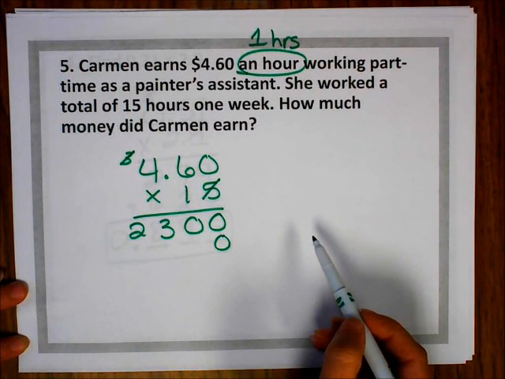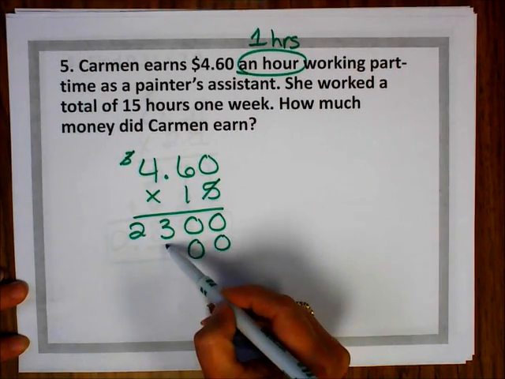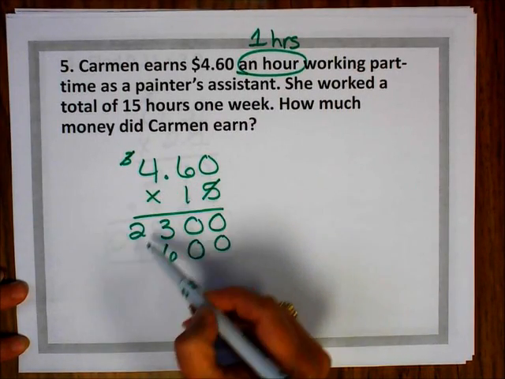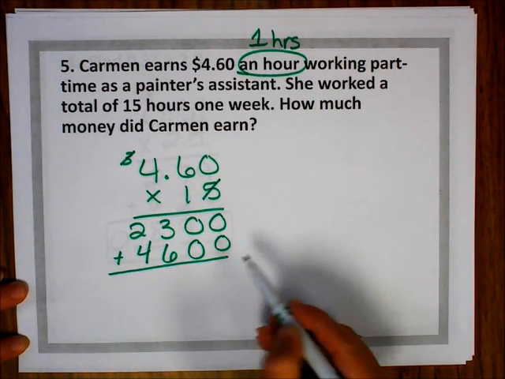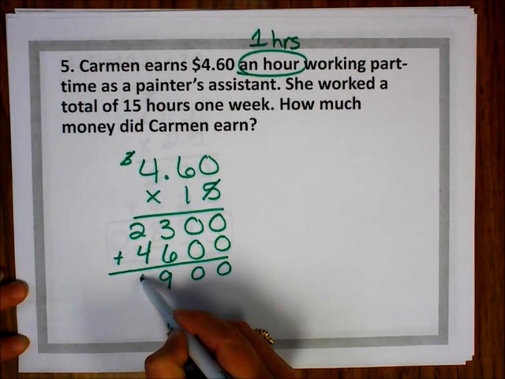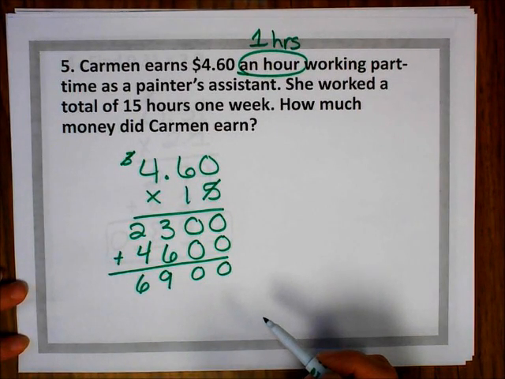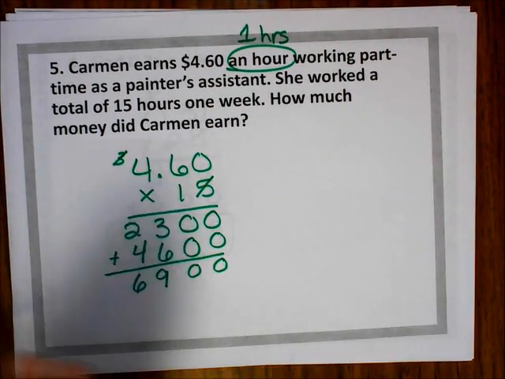Now I'm ready to multiply again. 1 times 0 is 0. 1 times 6 is 6. 1 times 4 is 4. Now we can add. 0, 0, 9, 6. Now I need to count the number of digits behind the decimal in the problem.